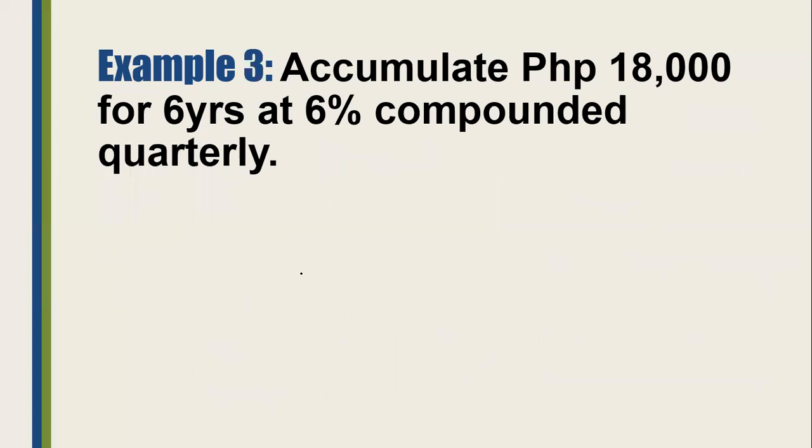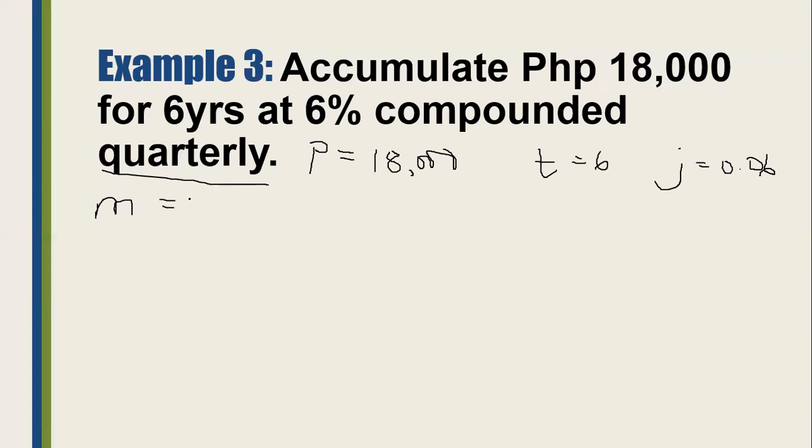Example number 3: accumulate 18,000 again. Our P is 18,000. And then our T or time is 6. J po natin is 6% or 0.06. And then our M, compounded quarterly, meaning 4.